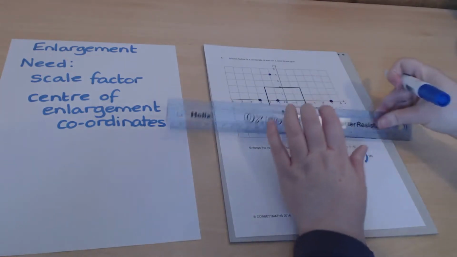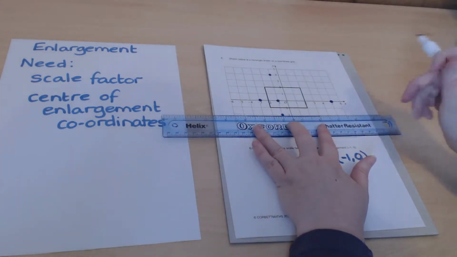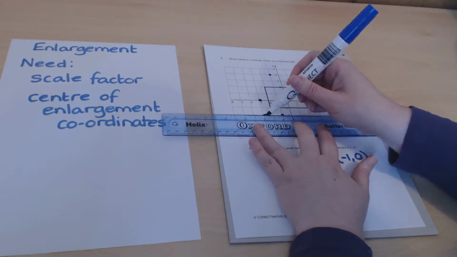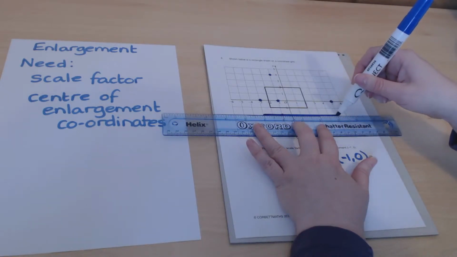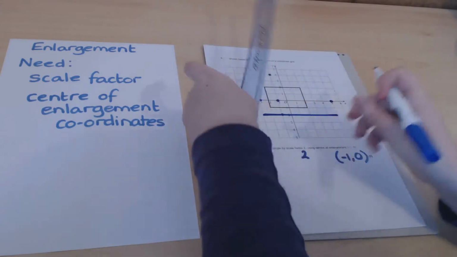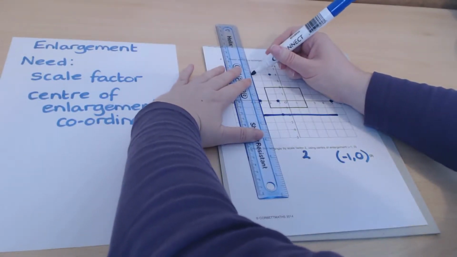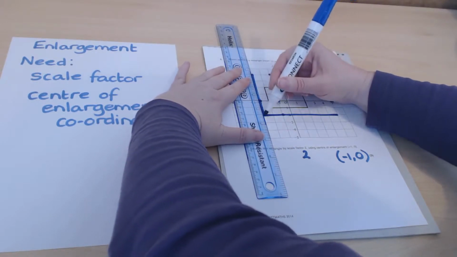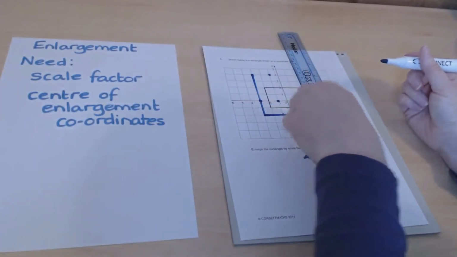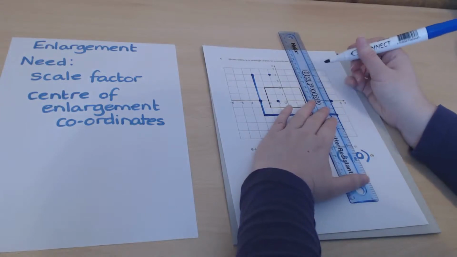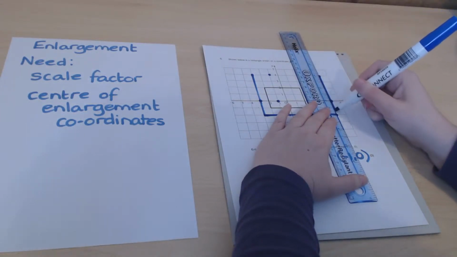So although those weren't corners, we could still play the game, so to speak, of moving it away the same distance. So if we now just draw in those 4 lines, we'll be able to see our final enlarged shape.